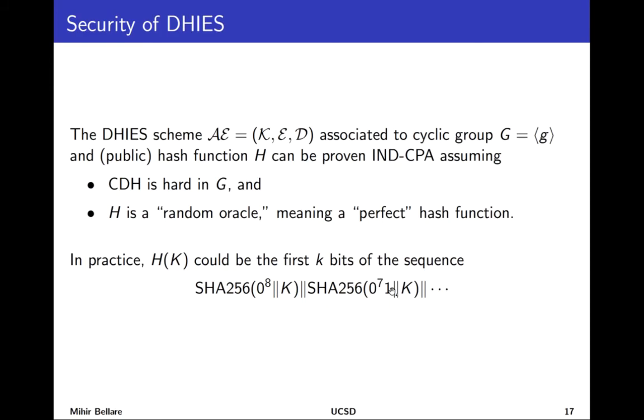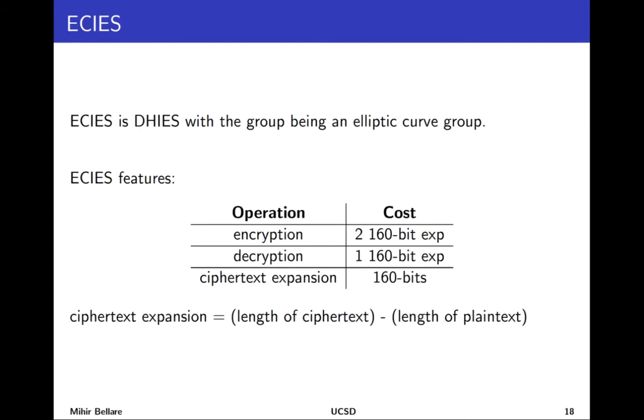And by such techniques, you can get out lots of bits. From a theoretical perspective, the proof that this is IND-CPA requires that H is what's called a random oracle, which is a perfect hash function. It has random behavior. That's not something we're going to formalize in this class, but we would do that in a graduate class.